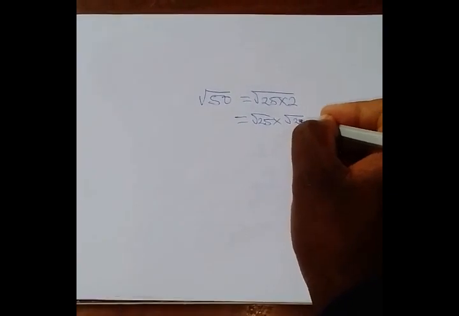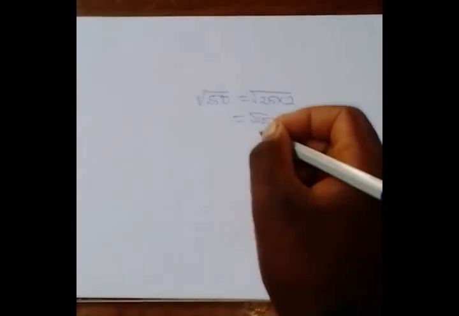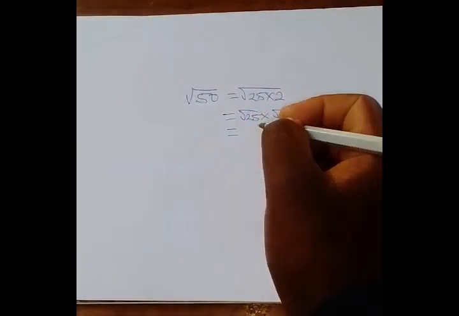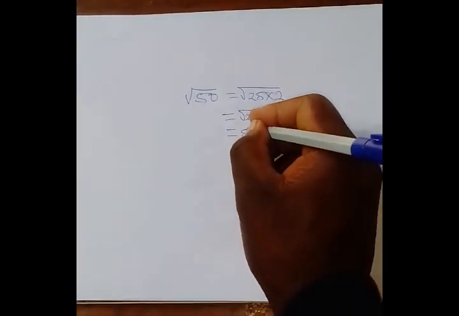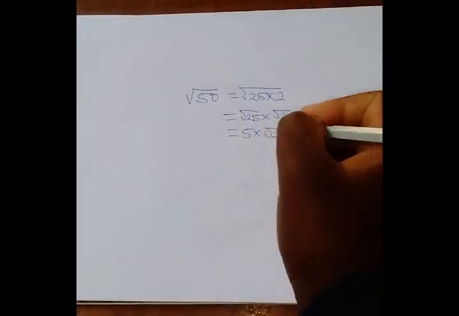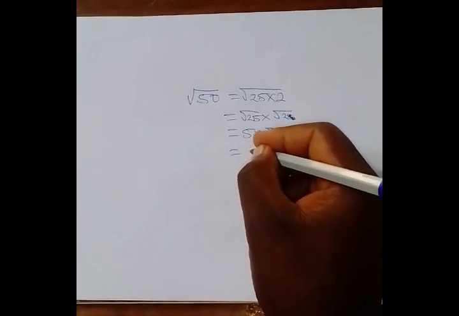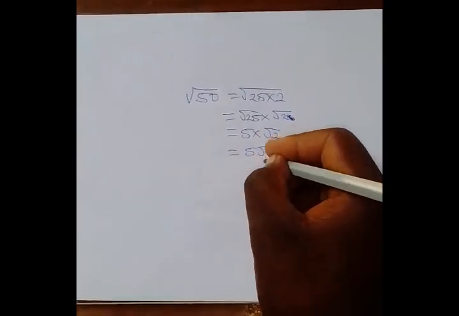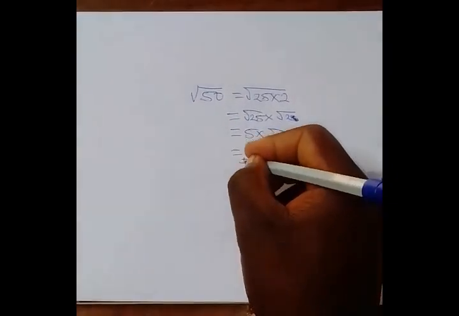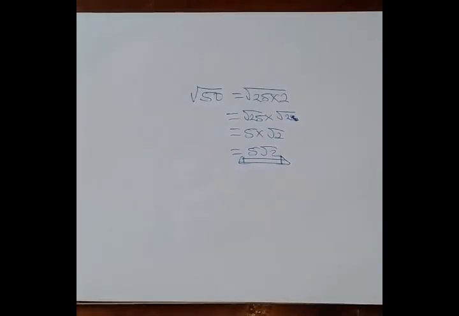So root of 25 is 5 times root 2. And then 5 root 2 is our final answer. So this is how we simplify surds to their simplest form.